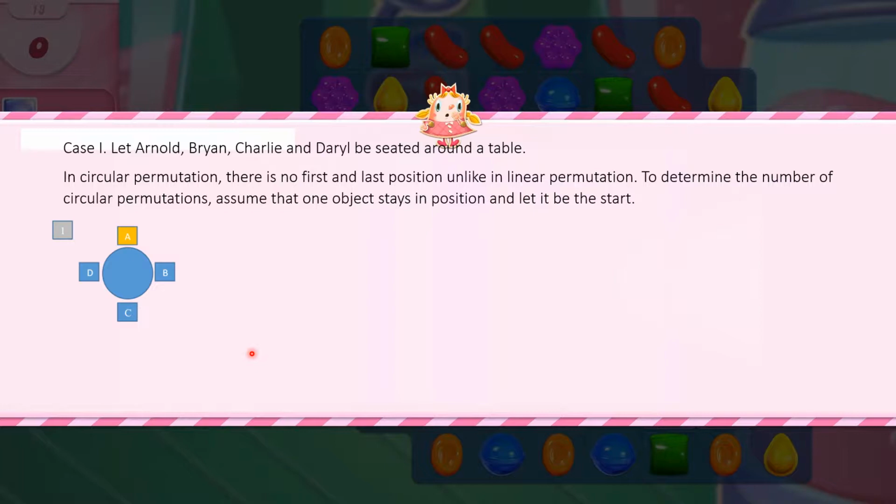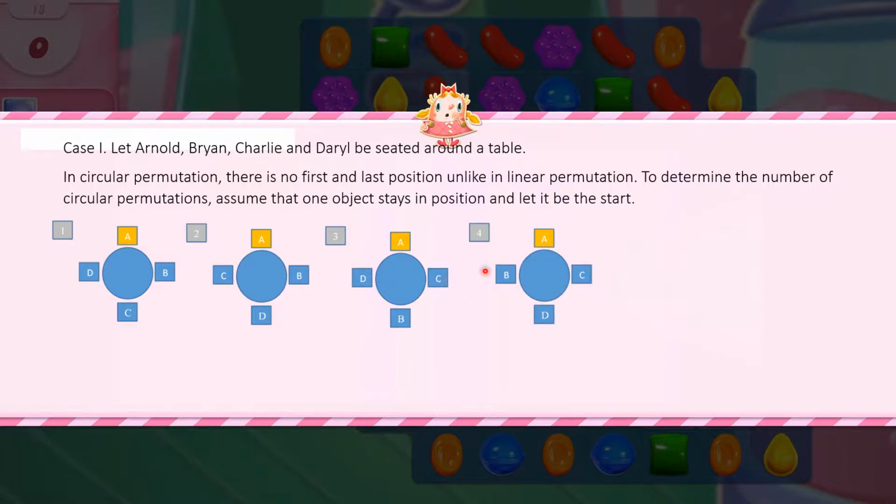In our first permutation, we have Arnold, Brian, Charlie, and Daryl. On our second position, we have Arnold, Brian, Daryl, and Charlie. On the third position, we will have Arnold, Charlie, Brian, and Daryl.